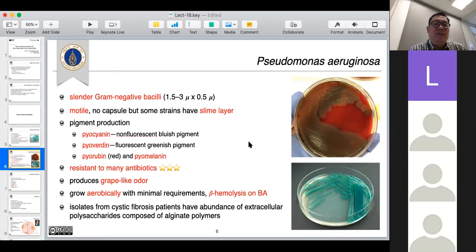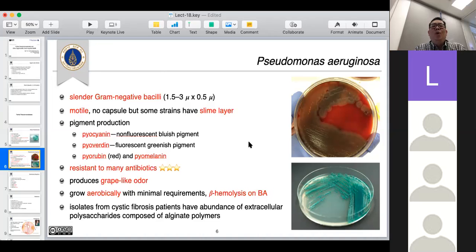Pseudomonas aeruginosa is a slender, motile gram-negative rod. They do not produce a capsule, but they produce a slime layer. So slime can leak out. Once they produce a slime layer, that means they have a chance to generate biofilm, and biofilm is a weapon of Pseudomonas.